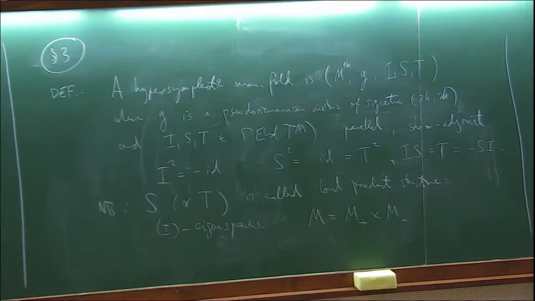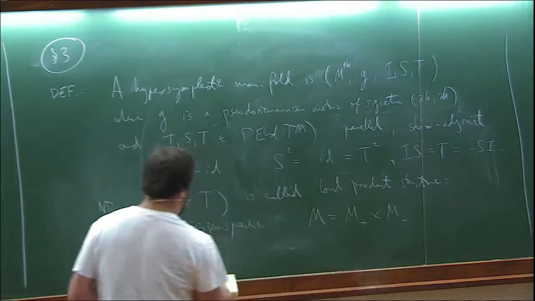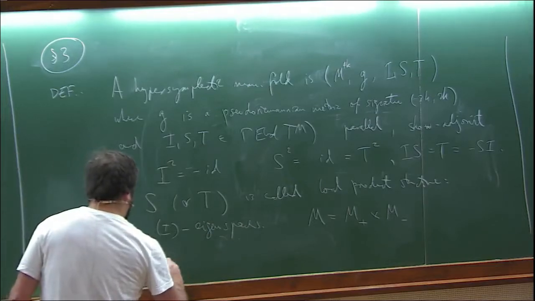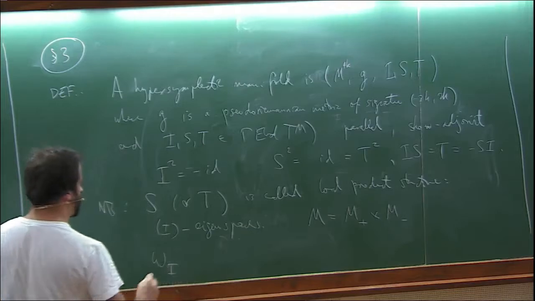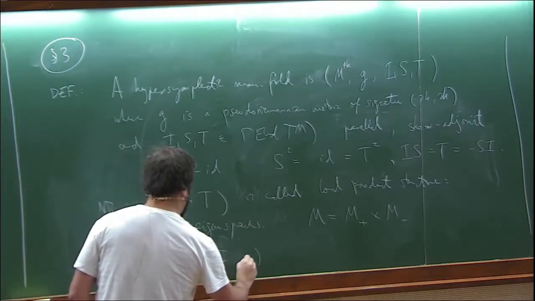Now, just like in this more familiar situation of hyperkähler geometry, you have these symplectic forms that you cook up with the metric and the endomorphisms.